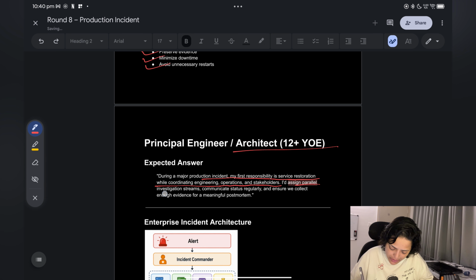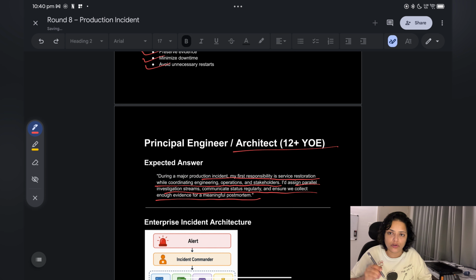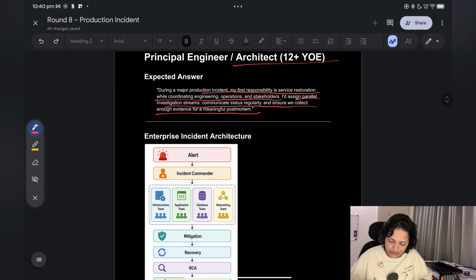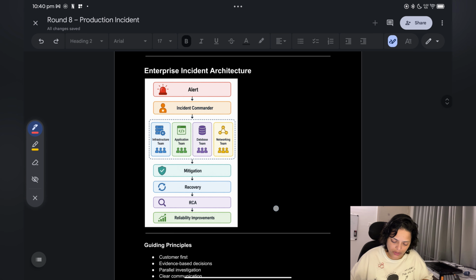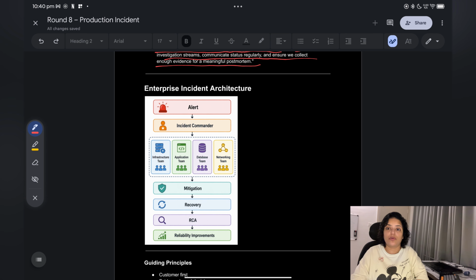I would assign parallel investigation streams, communicate status regularly, and ensure we collect enough evidence for a meaningful postmortem. Postmortem means you need to check why this issue happened, and you will not blame anybody, but you will do a postmortem of the incident.